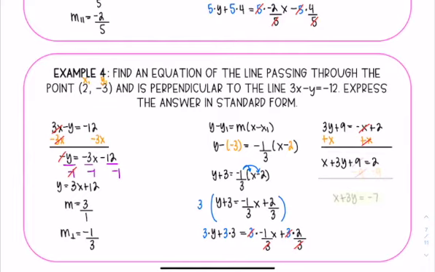And we just need to get the constants all on one side. So we're going to subtract 9 from both sides. And we end up with x plus 3y equals negative 7.